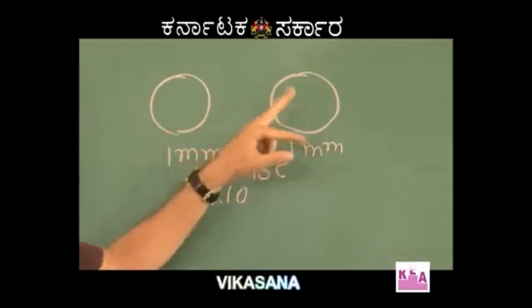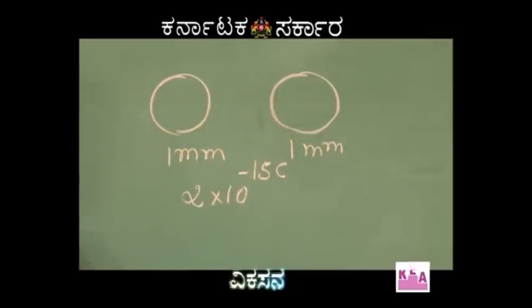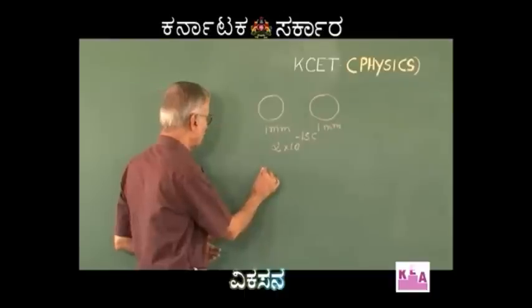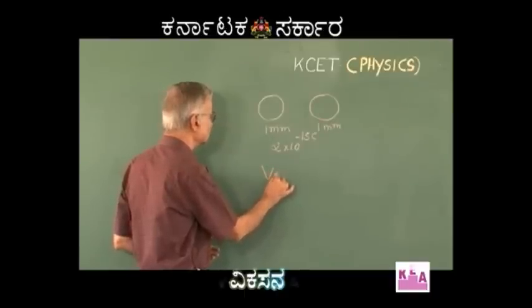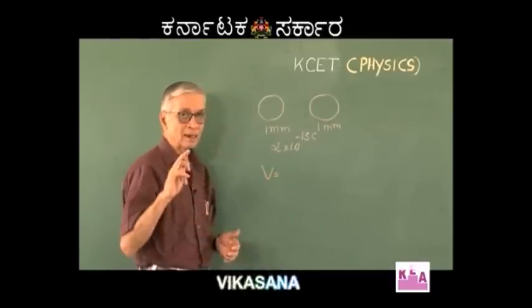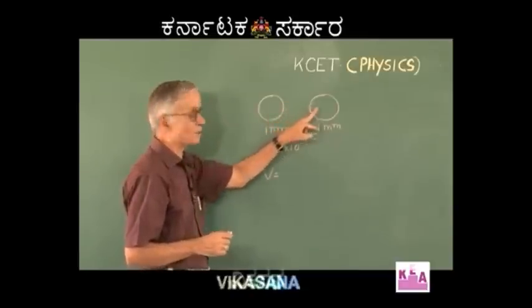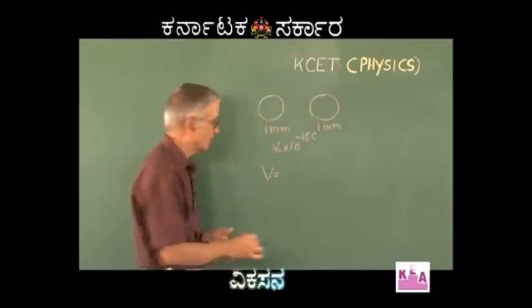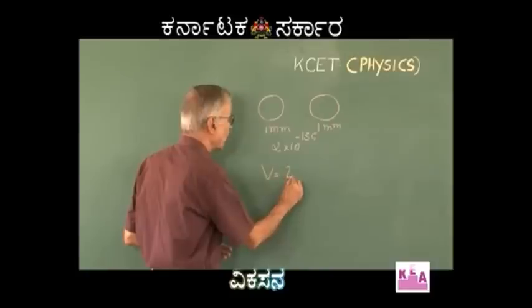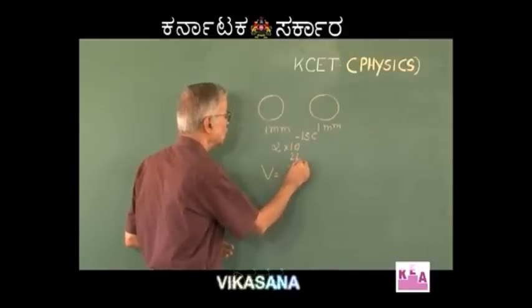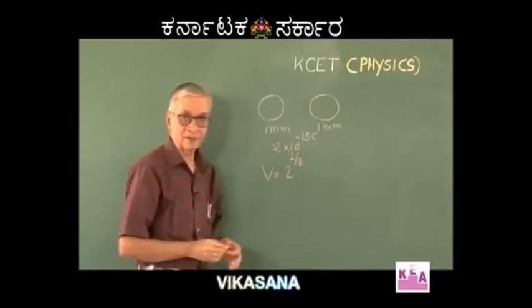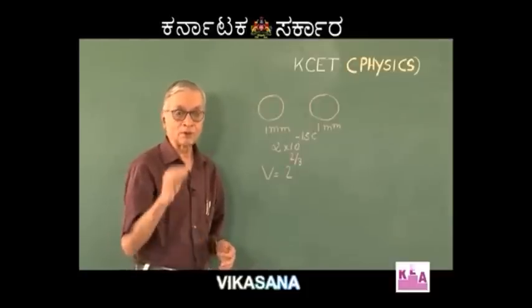When two such drops coalesce to form a single drop, potential of the larger drop is, remember, n to the power 2 by 3. Now the number of drops coalescing is 2. Therefore, n to the power 2 by 3 becomes 2 to the power 2 by 3 multiplied by potential of each drop.